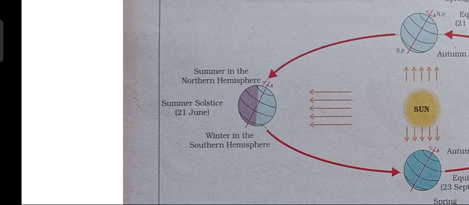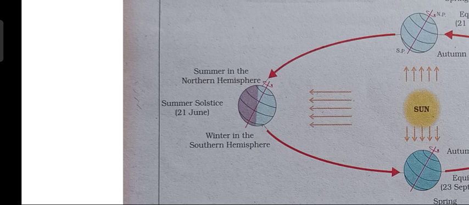So, children, what will happen? The places which lie beyond the Arctic Circle will get continuous light for about 6 months. Yes, children, since North Pole is inclined towards the sun, that is why places which lie beyond the Arctic Circle will get continuous daylight for 6 months.